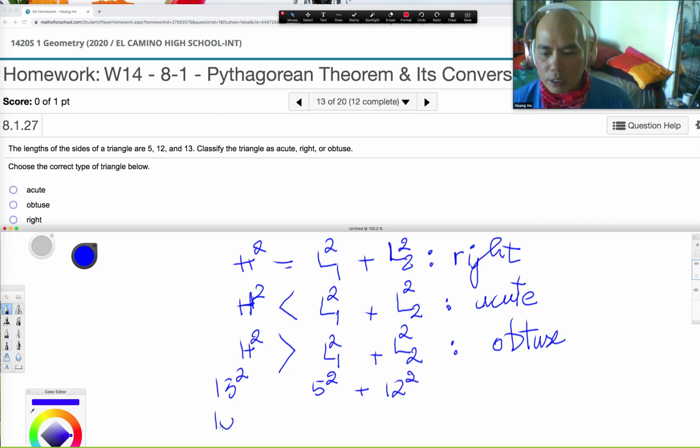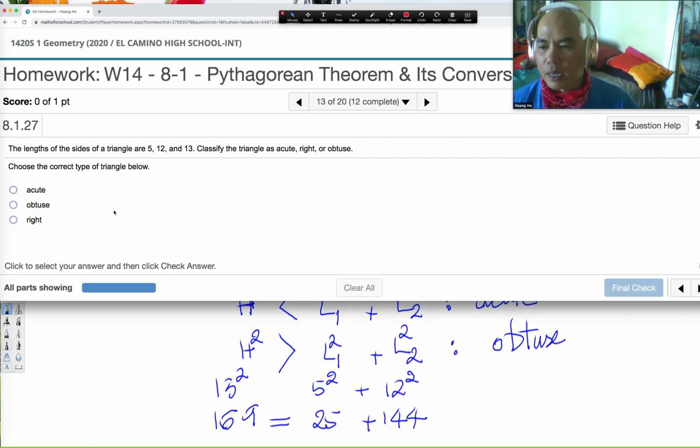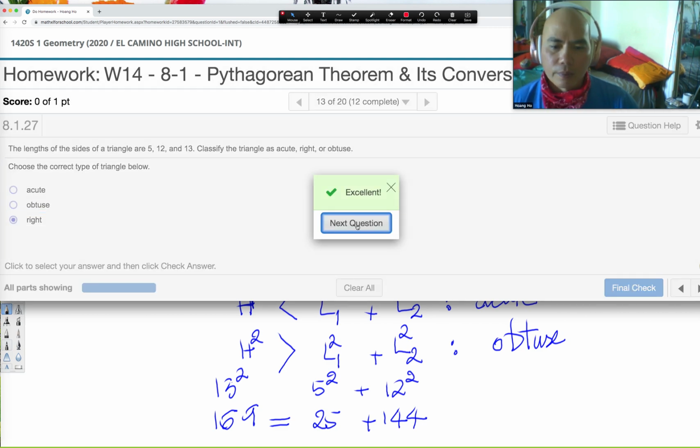So this is 169, and 5 squared is 25, and 12 squared is 144. It turned out they equal each other. 25 plus 144 is 169. So the answer is, it is a right triangle. Okay.